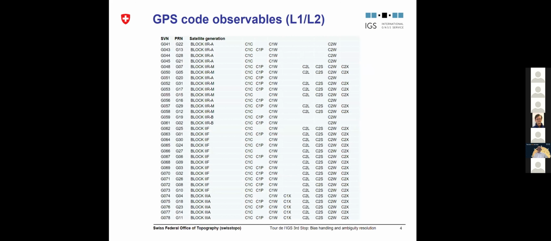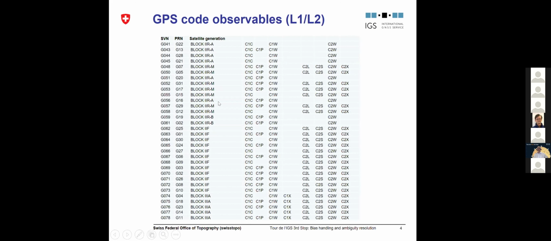This slide gives an overview of the current GPS constellation. So the satellites are ordered according to the space vehicle number. Then you have the PRN number, the satellite generation, and the available code observation types. And it's really a wide variety of these types.